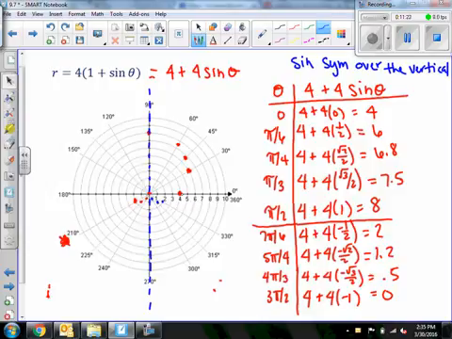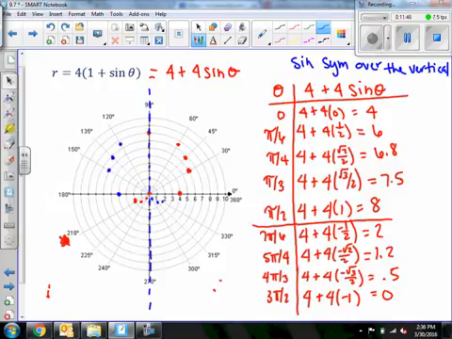Since I know I have 0, 4, I know I'm going to have π/4. This at 150 degrees here is going to be equal to this point right here, which is at 6. And then we're going to be at 6.8 here, 7.5 here.